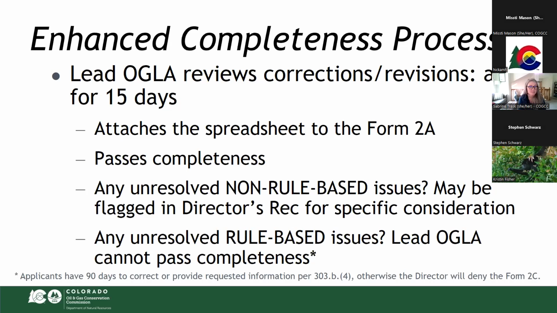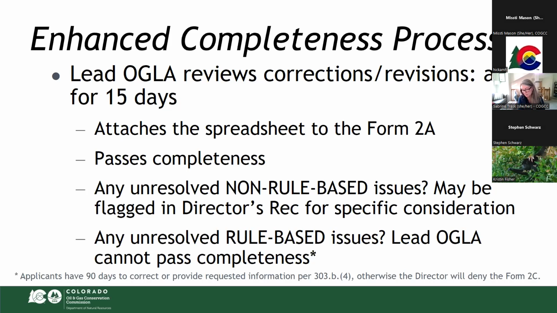If any unresolved issues are rule-based, rule requirements, we cannot pass completeness. I'm going to make that very, very clear. If there are unresolved rule requirements, we will not pass completeness. Applicants, again, per 303 before, have 90 days to provide the information that we've requested.